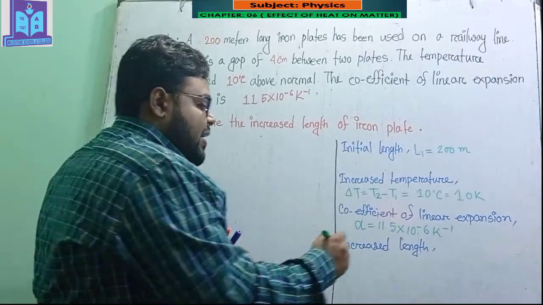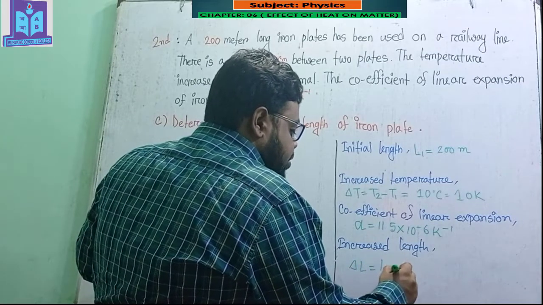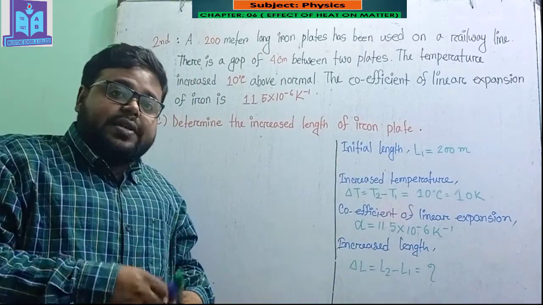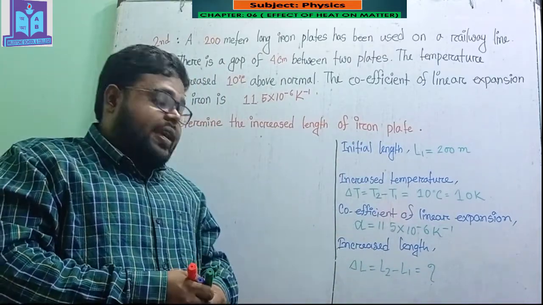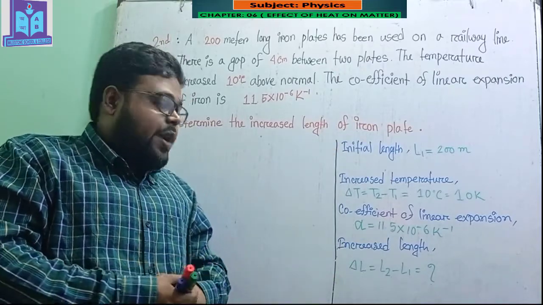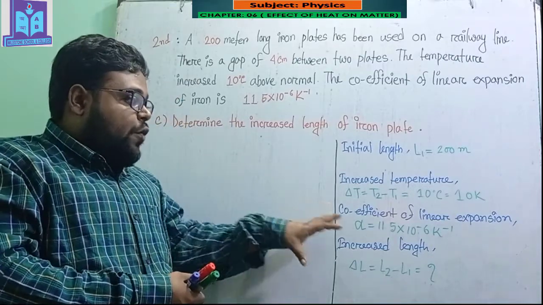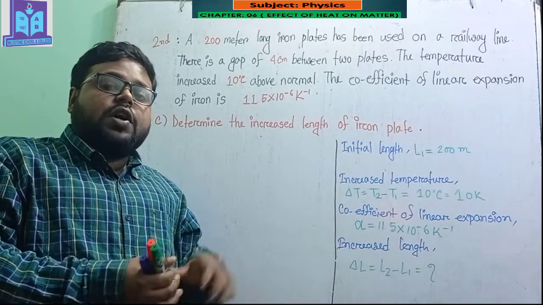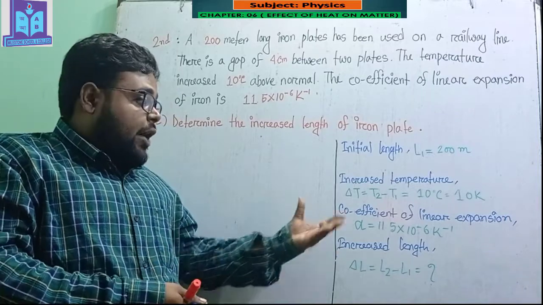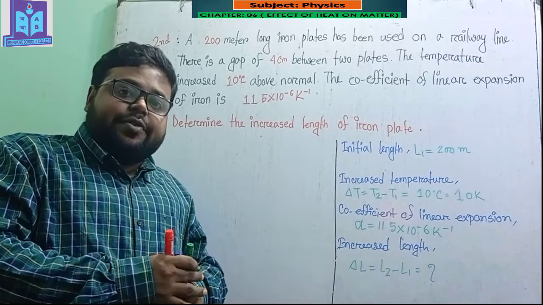The increased length del L, I can write L2 minus L1, equals what? So dear student, how can I find the increased length? By using this formula. Do you know? Let me explain. We know the equation of the coefficient of linear expansion, so by using it, we can easily find out the increased length.